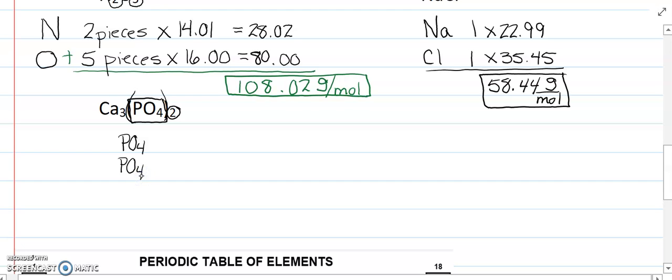So that if I'm trying to figure out the number of each atom to figure out the mass, well, calcium's got a 3 by it, and there's 3 pieces of calcium. But phosphorus is 2 times the phosphorus and 2 times the oxygen, or I have 2 pieces of phosphorus, and I have 2 times the oxygen, so 2 times 4 is 8, or 4 plus 4 is 8.